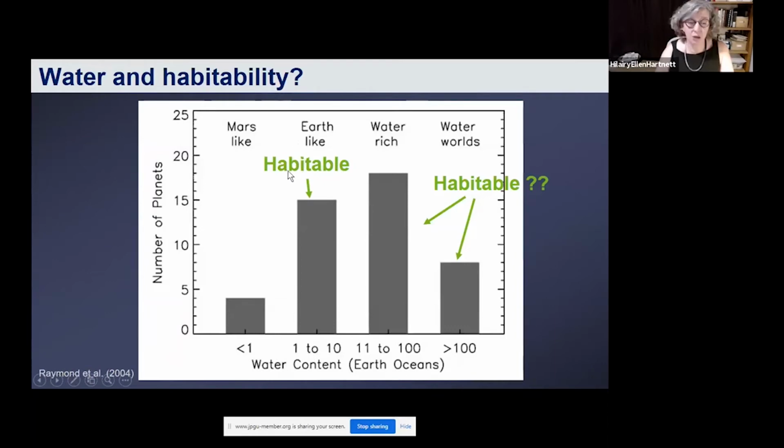So these are Earth-like, and we know these are habitable. Water-rich planets that have 11 to 100 Earth oceans, and true water worlds with more than 100 Earth oceans of water. If these planets are close enough to their stars that they're warm, and if these planets have all of the requisite elements for biology, they could be habitable.